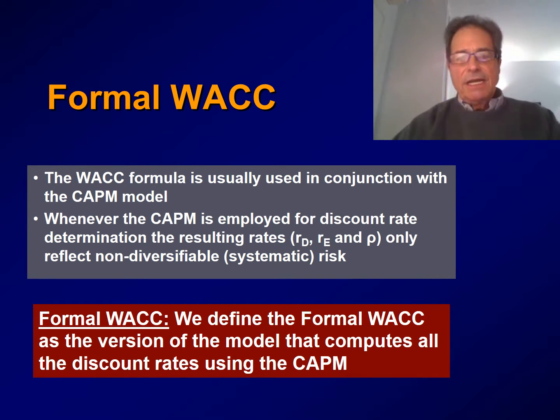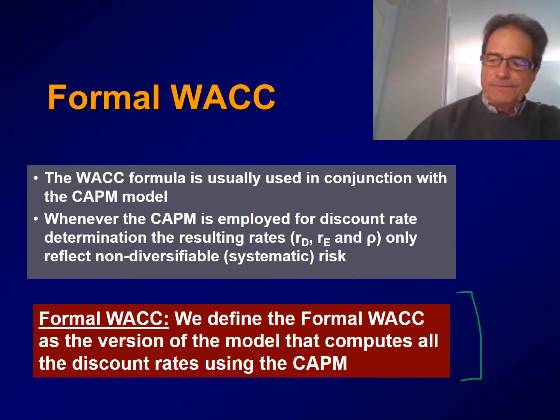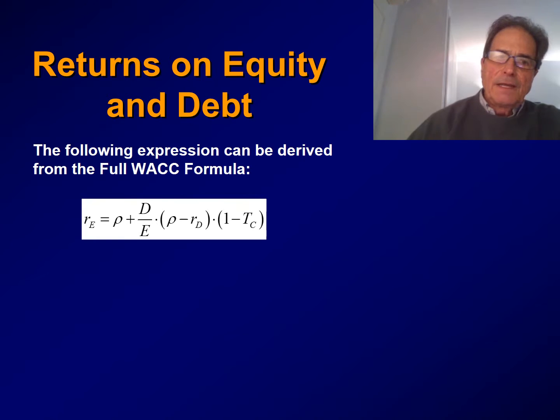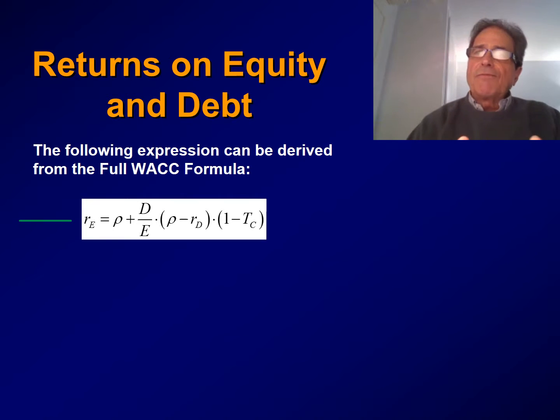Having said this, let's define the formal WACC. Formal WACC is the version of the model that computes all the discount rates using the capital asset pricing model. It can be shown that starting from the WACC formula, we can obtain this expression for the discount rate on equity.